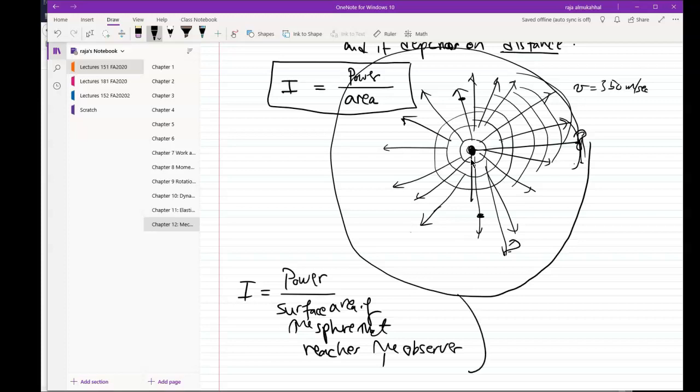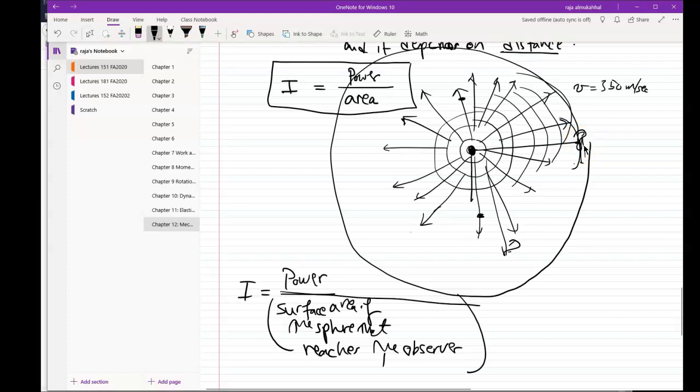I know that's a very long thing to put under the denominator, but that's basically what it is. The surface area of the sphere that reaches the observer, specifically this sphere that reached me, the observer right here. Well, what is the surface area of a sphere?